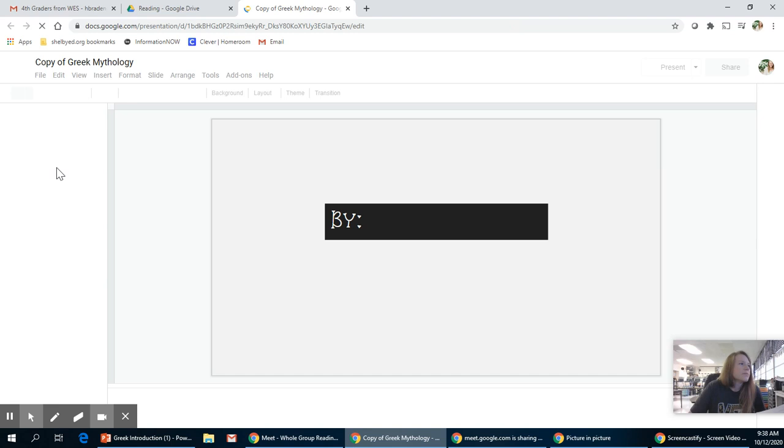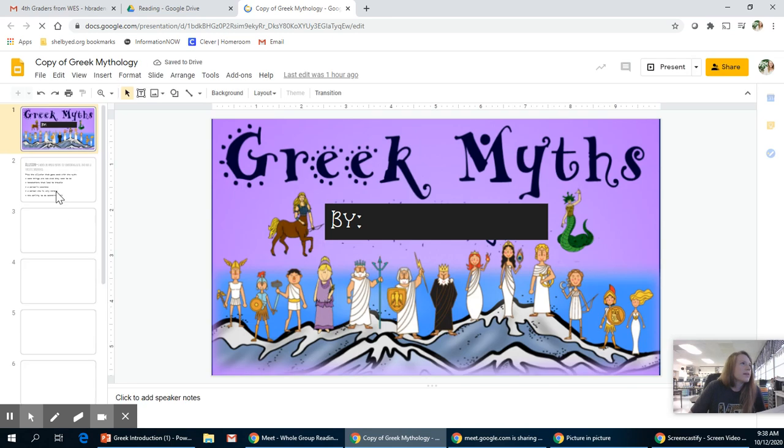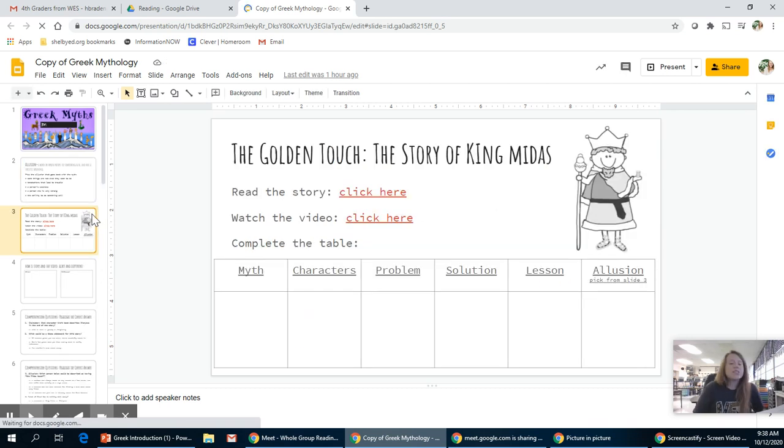It looks like this, and it just reviews what an allusion is. The first allusion you're going to read about is called the Golden Touch. You're going to read the story by clicking here, and watch the video. Then you're going to type in the myth, the characters, problem, solution, the lesson learned, and the allusion. The allusion is the Golden Touch.